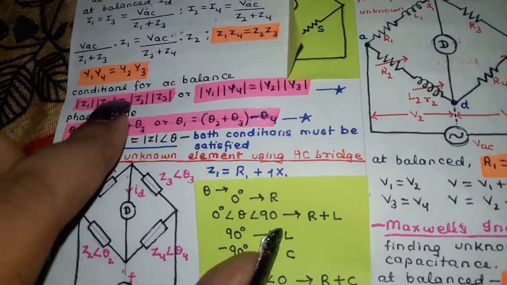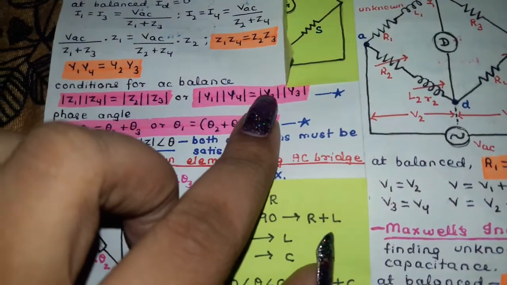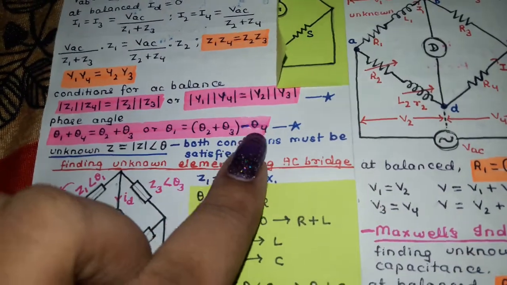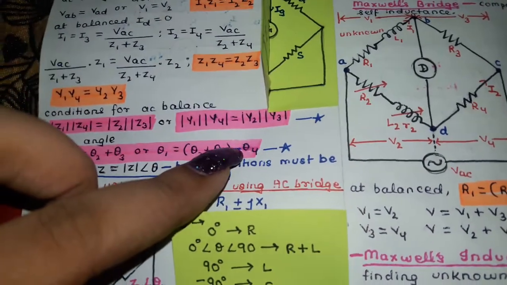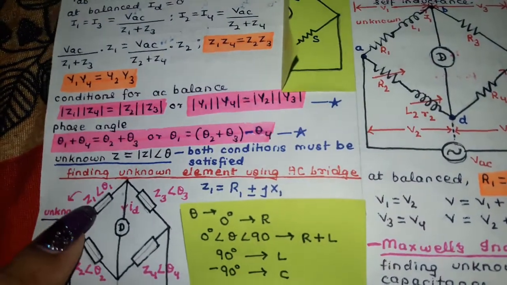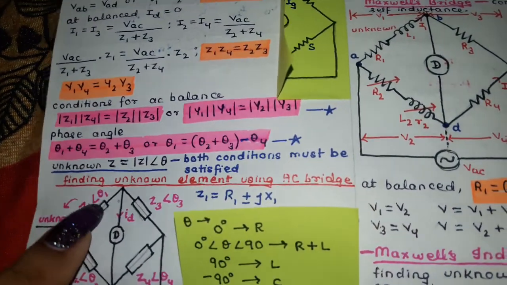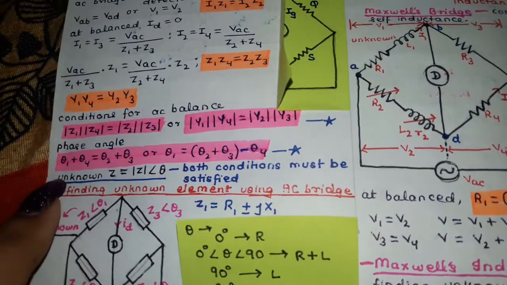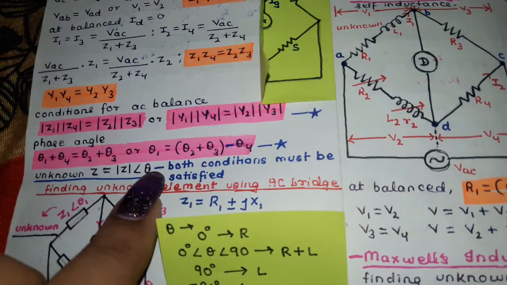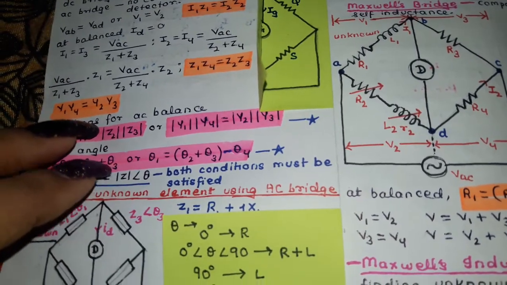One condition is for finding the magnitude, and the other is for finding the angle. Only when both of these conditions are satisfied can you find the exact value of this unknown impedance. The angle is also important. The unknown impedance will have this format: a magnitude with this angle. So both of these conditions are mandatory.